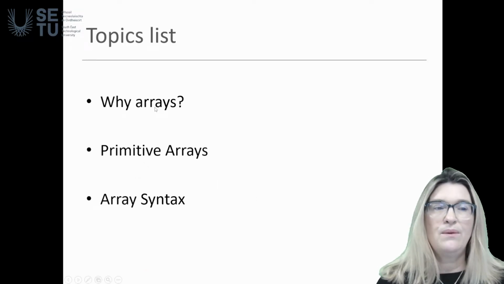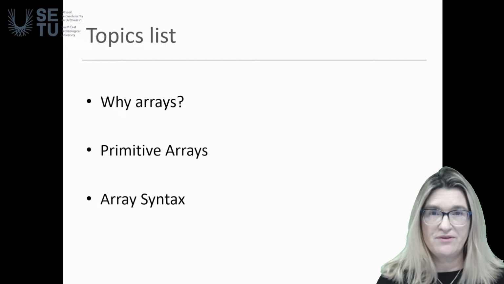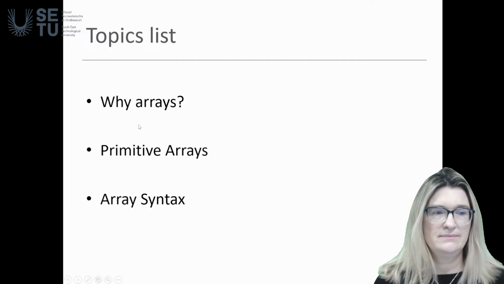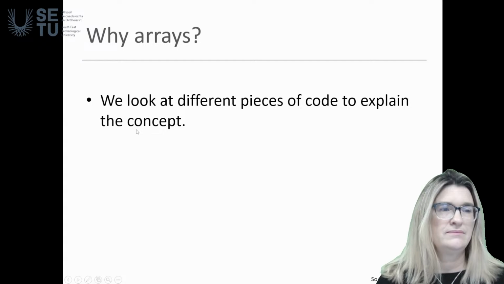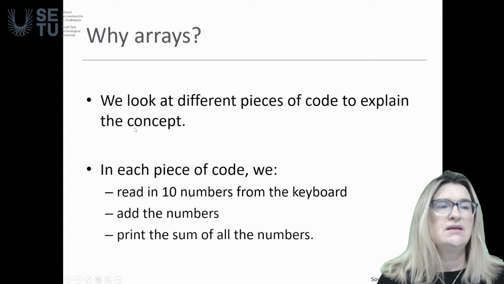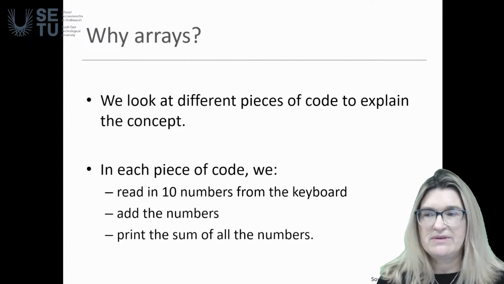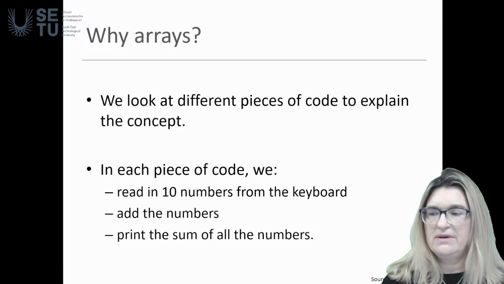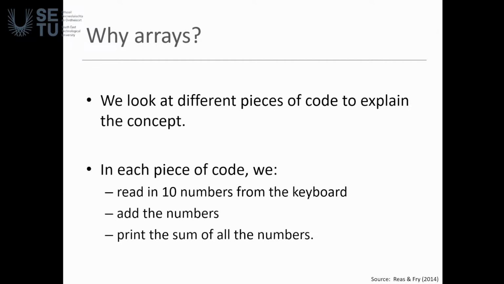So we're going to look at why arrays, our primitive arrays, and the array syntax. We're going to look at bits of code to explain the concept. And in each piece of code, we're going to read in 10 numbers from the keyboard.